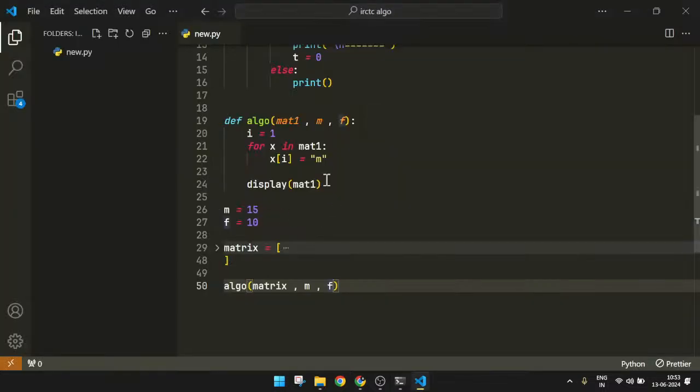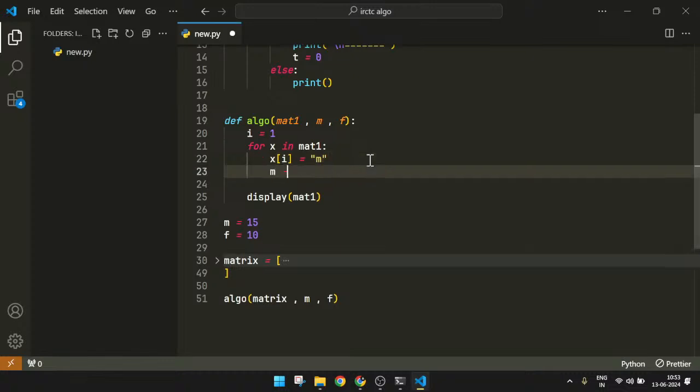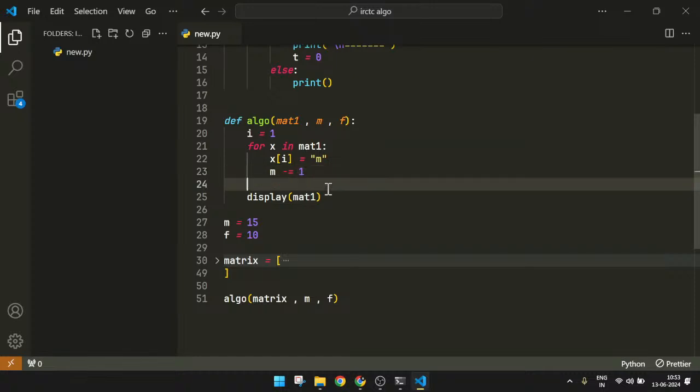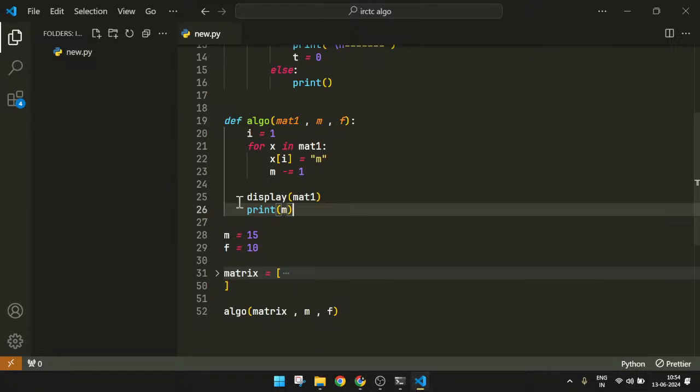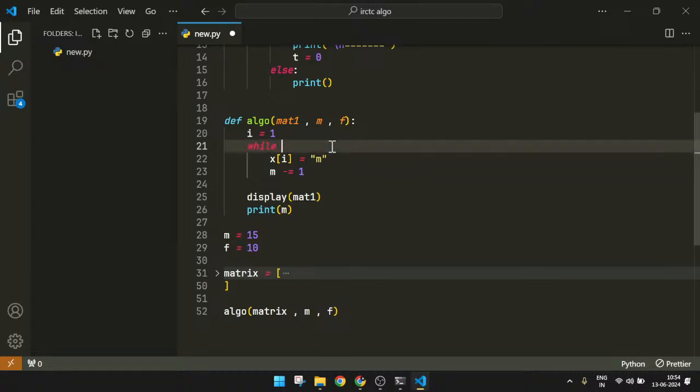Okay, and not this in mat, not just this. I just want the males to get over. And print. At the end, I'll try to print the number of males. So I'll not use this. I'll use while male is greater than 0.